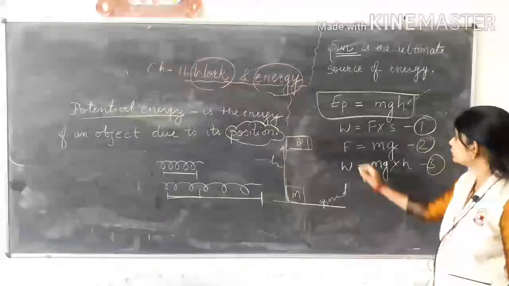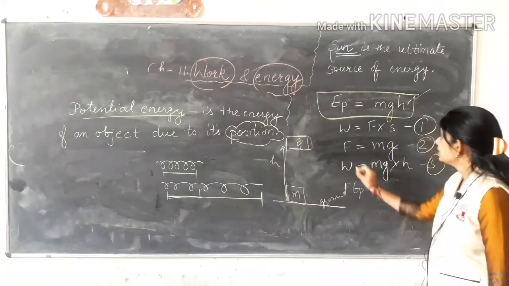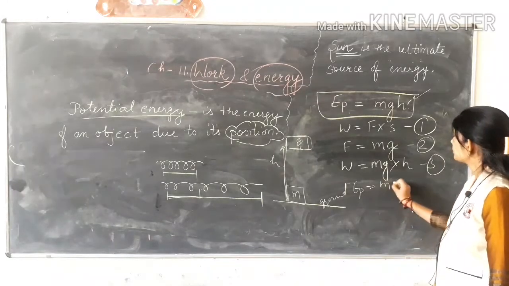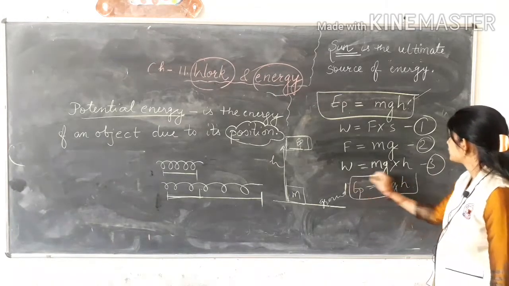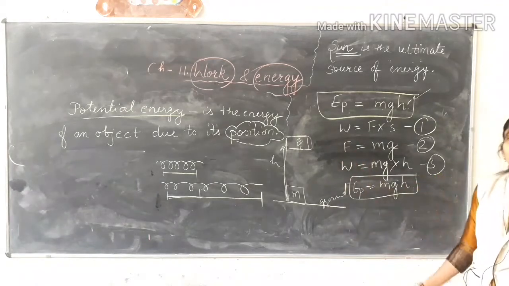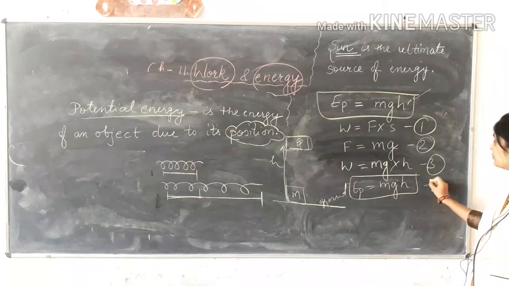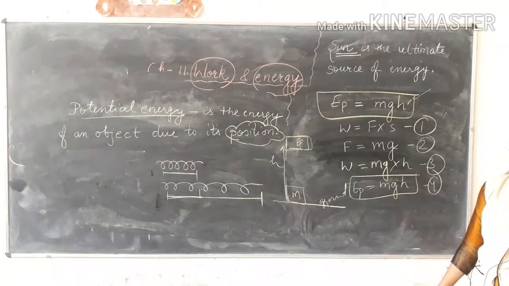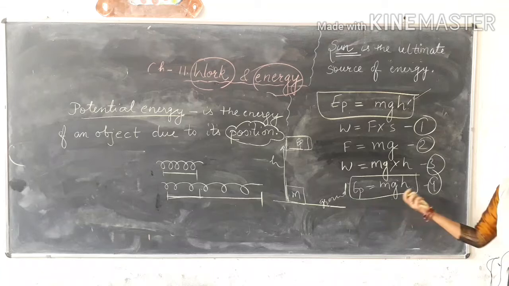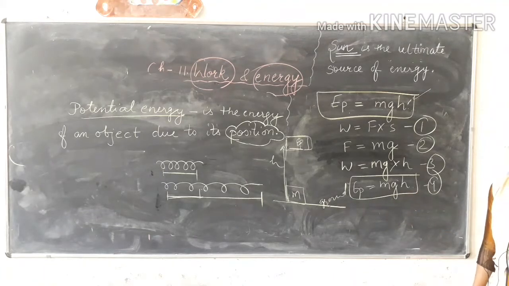So work is equal to potential energy. So in place of work we can write E_P, potential energy, is equal to mgh. So what is the potential energy of the object? mgh. The fourth step. So in this way the expression or formula of potential energy is derived mathematically.